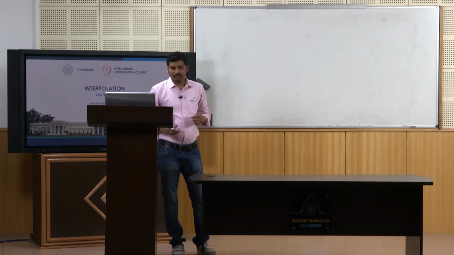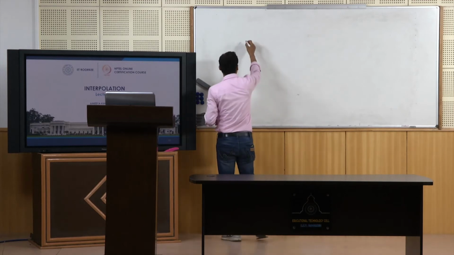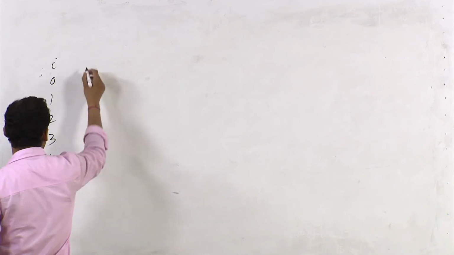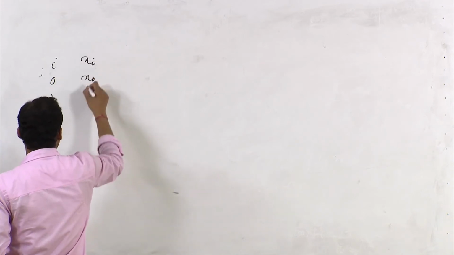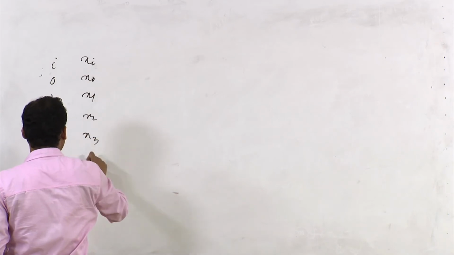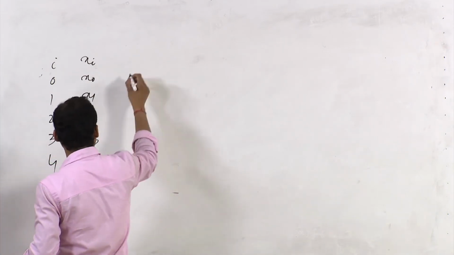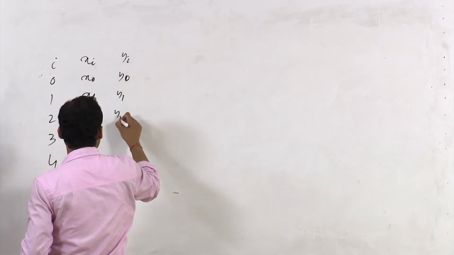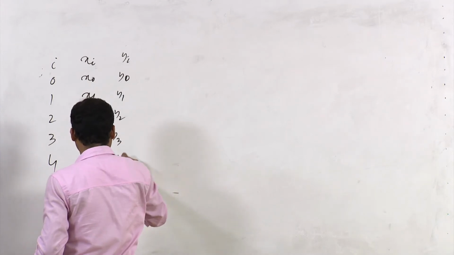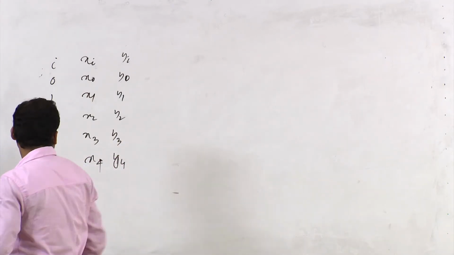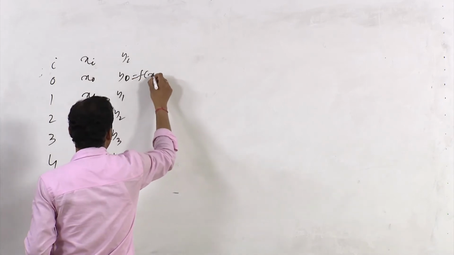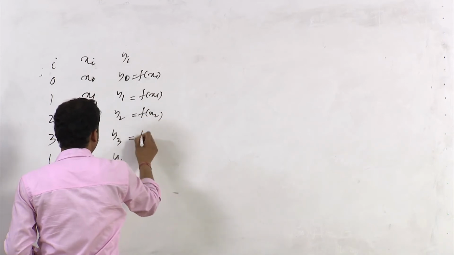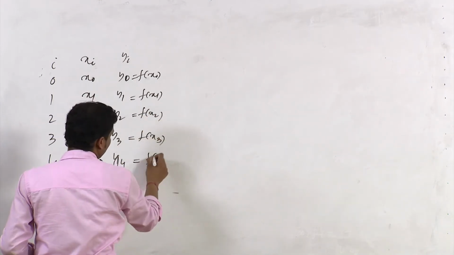So consider i with values 0, 1, 2, 3, 4, the corresponding xi values x0, x1, x2, x3, x4, and the corresponding y values y0, y1, y2, y3, y4, or we can write them as f of x0, f of x1, f of x2, f of x3, f of x4.